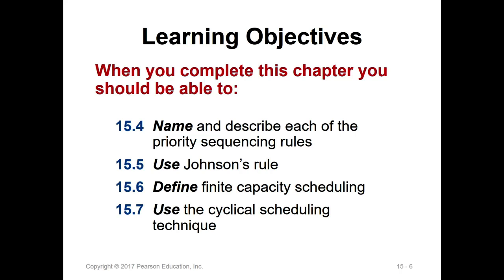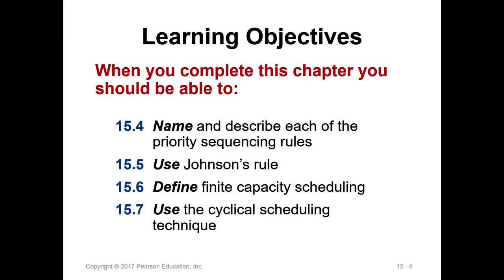We are also going to practice Johnson's rule. In one part it is simple, but if I do not use an example to explain Johnson's rule, and you only read the textbook, I think it will be really challenging.